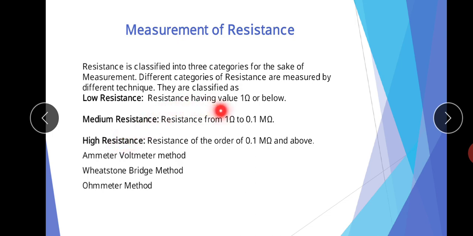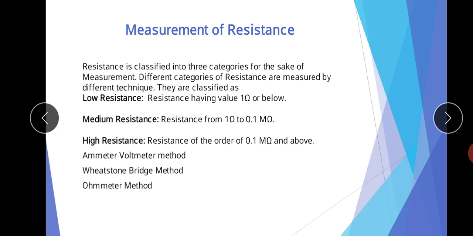Resistance having a value below 1 ohm, we categorize as low resistance, a medium resistance value is between 1 ohm to 0.1 mega ohm, and a high resistance value is above 0.1 mega ohm.